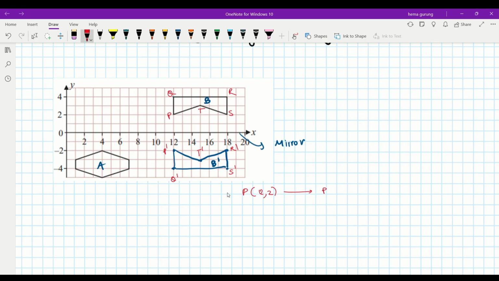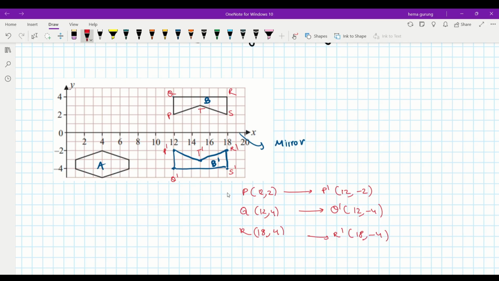It changes to 12, minus 2. Similarly, Q is 12, 4, and it changes to 12, minus 4. Similarly, R is 18, 4, and the image which you got is 18, negative 4.